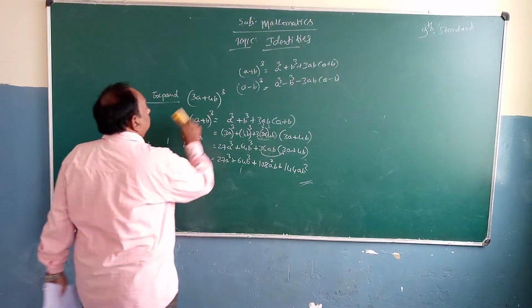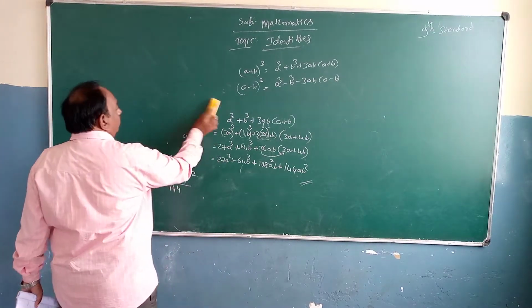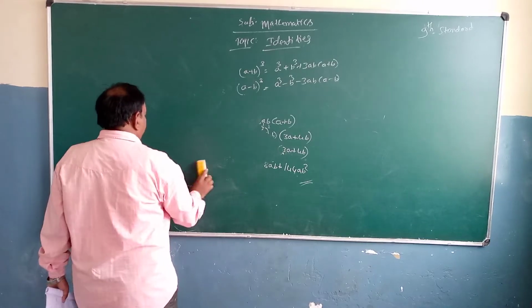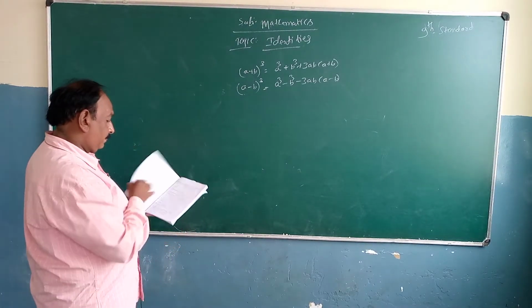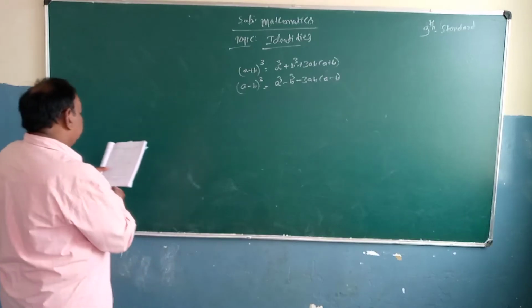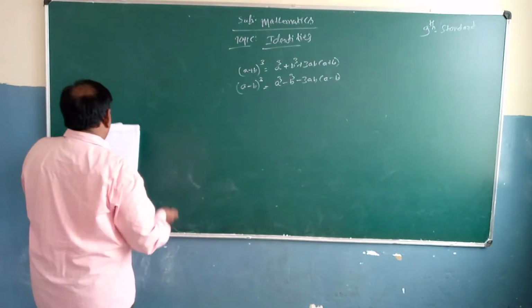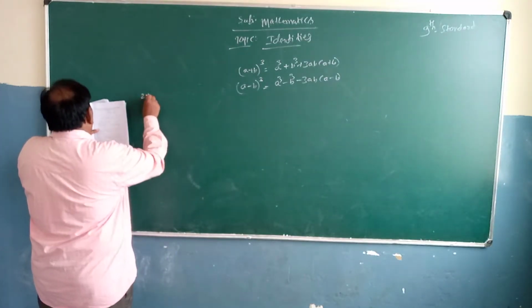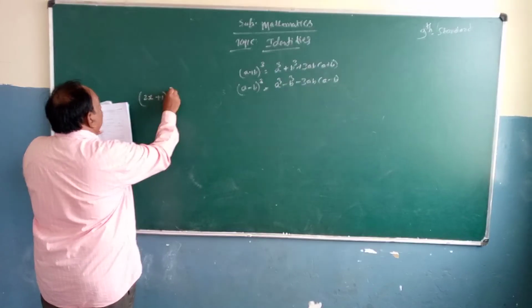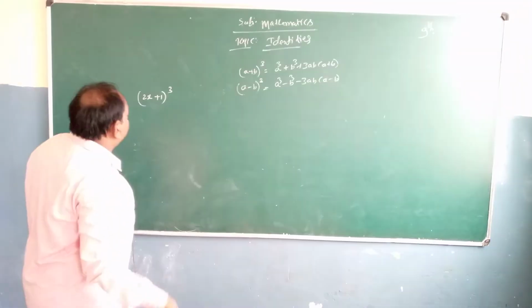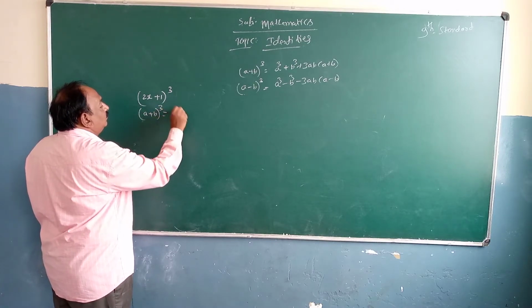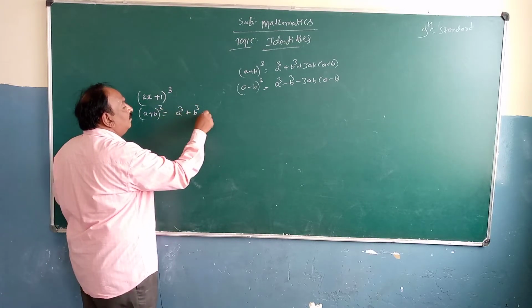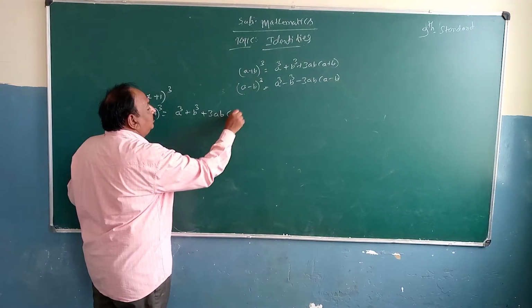Now one more problem. 2x plus 1 whole cube. This is of the form a plus b whole cube is equal to a cube plus b cube plus 3ab into a plus b.